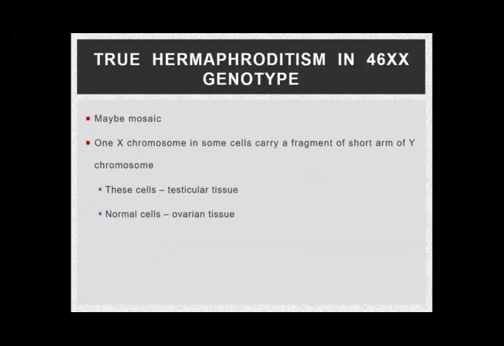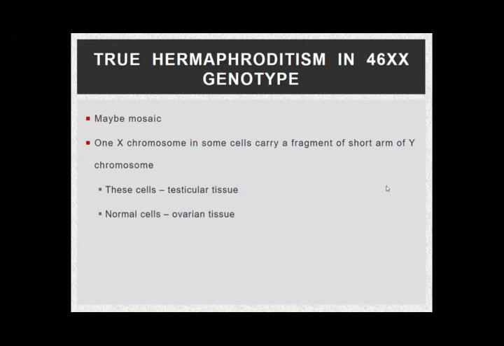अच्छा जी, true hermaphroditism in 46XX genotype. This could be because of mosaicism. One X chromosome, short arm of Y chromosome. ठीक है?